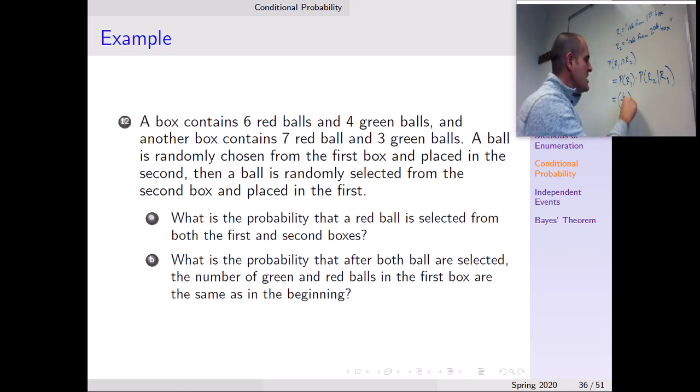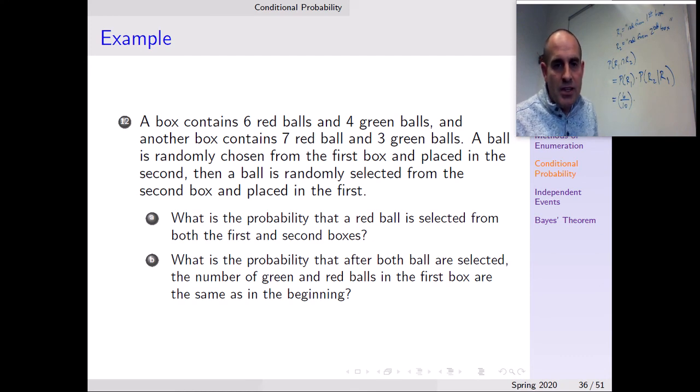Times, now from the first box we take a ball and transfer it to the second box. We picked a red ball and transferred it to the second box before choosing a second ball.